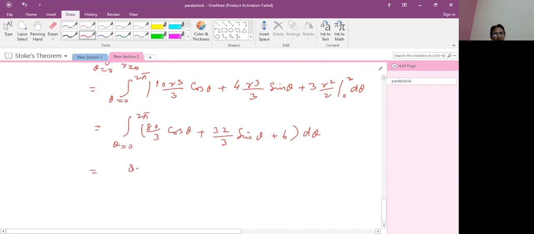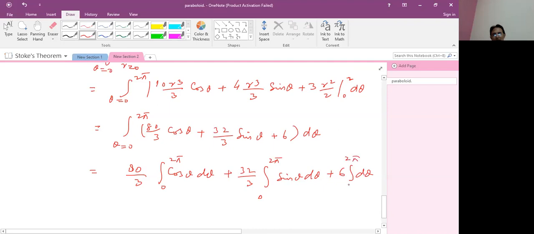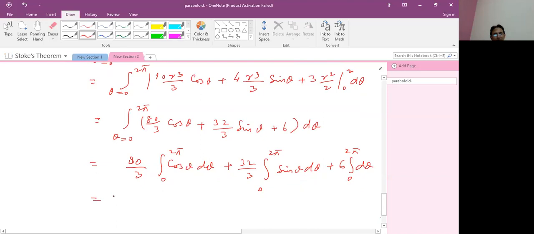80 over 3 stays as it is, a constant, and we integrate cos theta d theta from 0 to 2 pi, plus 32 over 3 outside the integral, sin theta d theta, plus 6 times d theta, with theta from 0 to 2 pi. We separate them and in the next step we integrate.